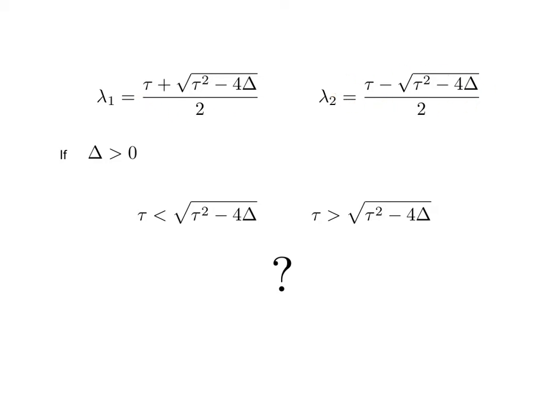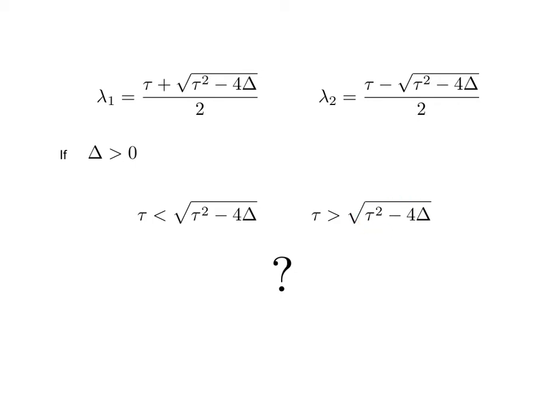The first case: let's assume that delta is positive. Then which of these two is actually true, this one or this one? It means that this one is going to be larger, or this one smaller. If you think a bit, you realize that this is the good one.